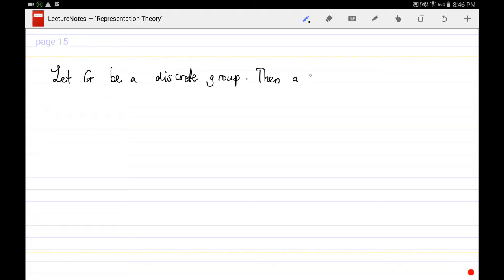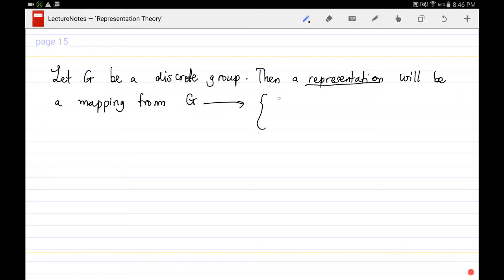Then a representation will be a mapping from G to linear operators acting on V, which is a vector space.